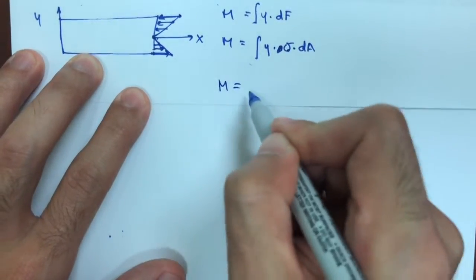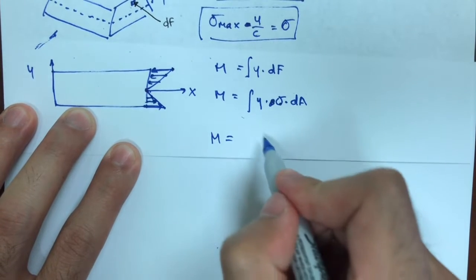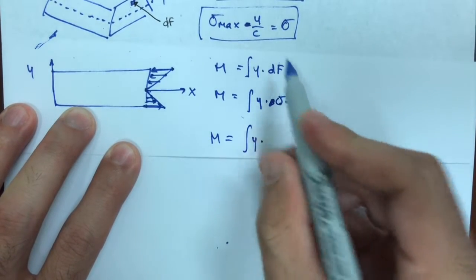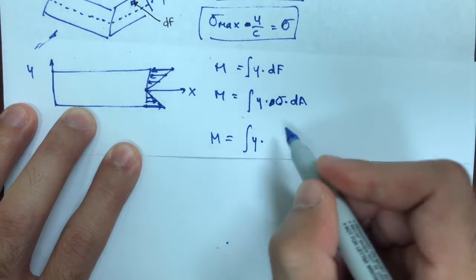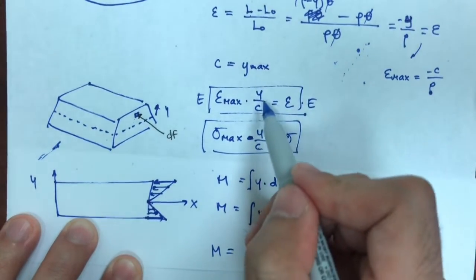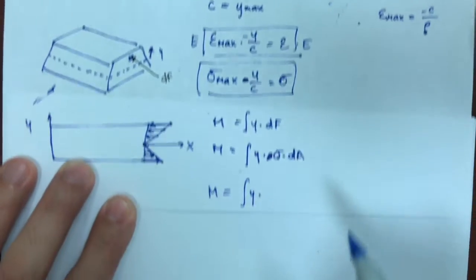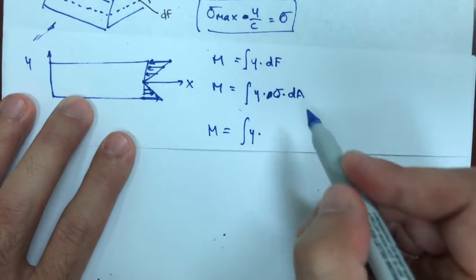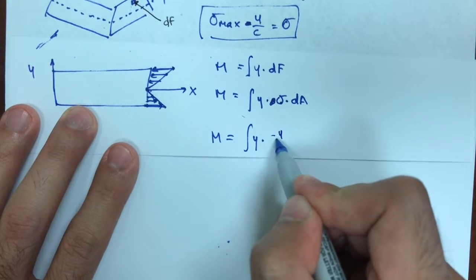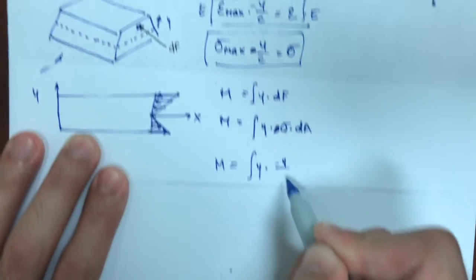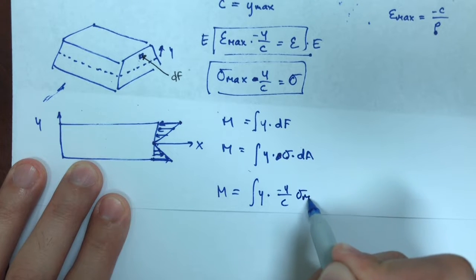What I have is m equal to, from this, y times minus y over c times sigma max.